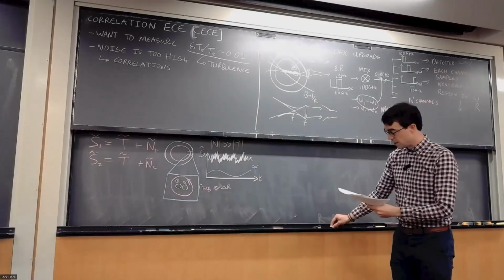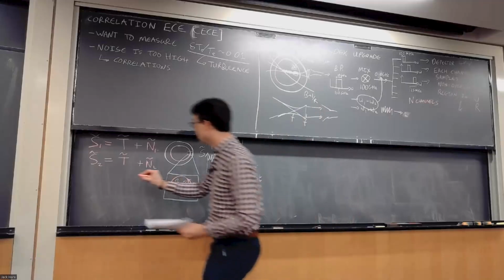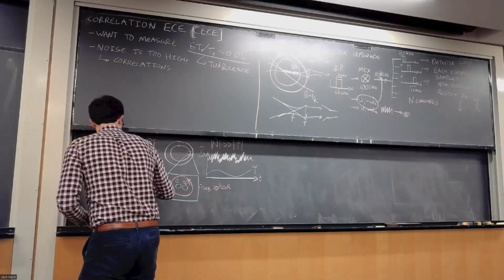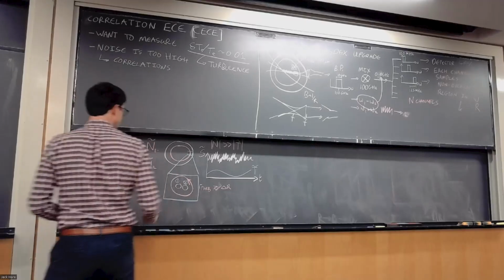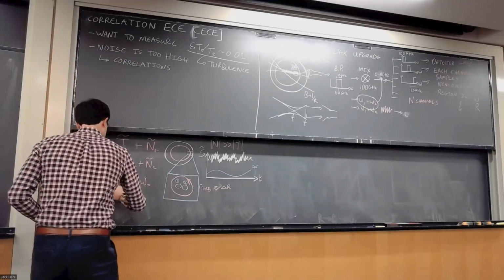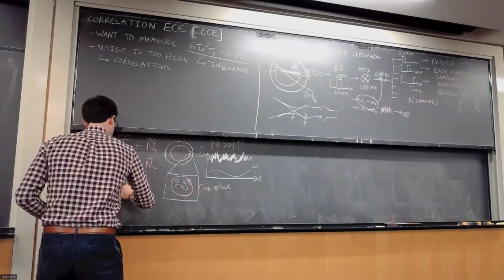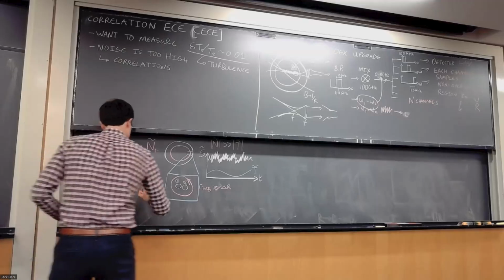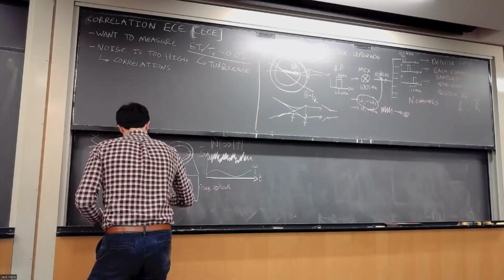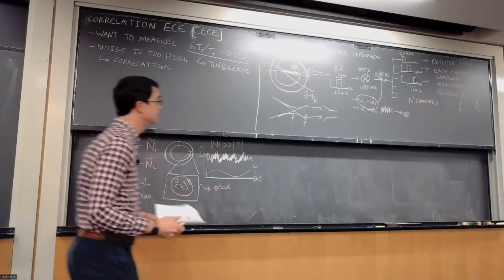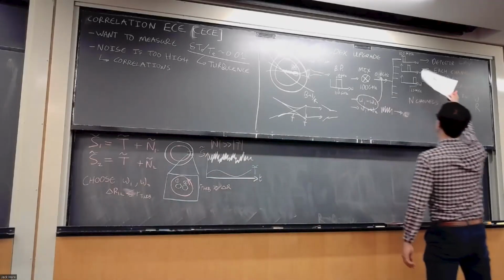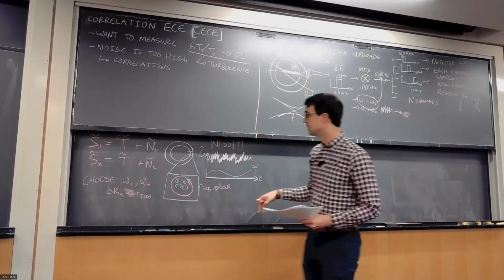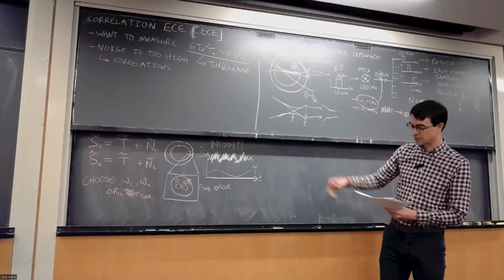Okay, so just to be clear, we have chosen the frequencies omega 1 and omega 2 such that delta R 1,2 is less than the length scale associated with turbulence. And we can choose these frequencies because we have control over all of these bandpass filters and funky things like that. So you might need to do this experiment a few times to get it right. But once you get it right, your signal will leap out.